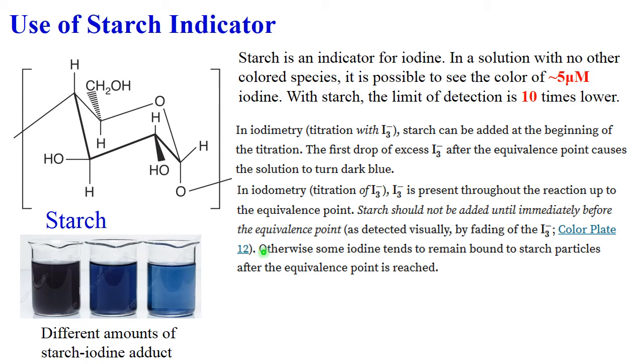When we titrate iodine, which is in our titration flask, with thiosulfate, we should not add starch immediately. We are adding it only when we are very close to equivalence point. Otherwise, iodine remains bound to starch particles after equivalence point is reached and you over-titrate a little.